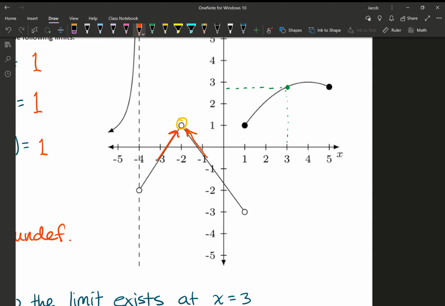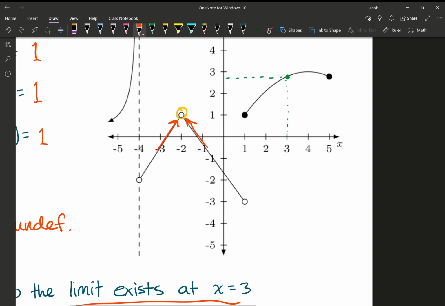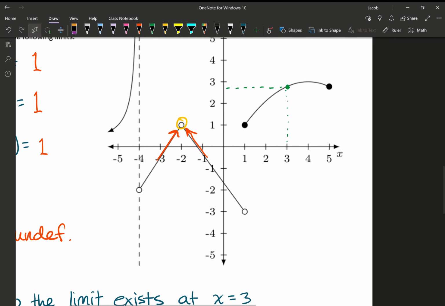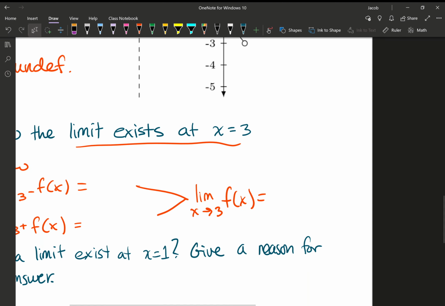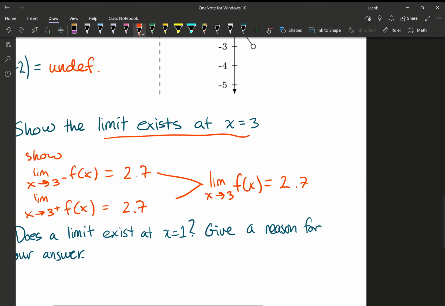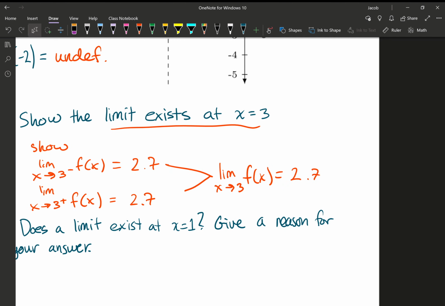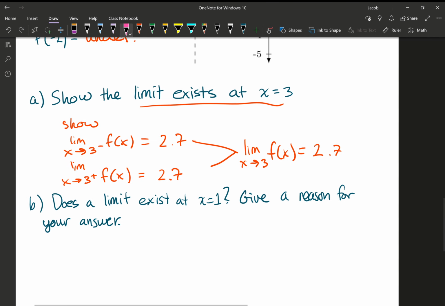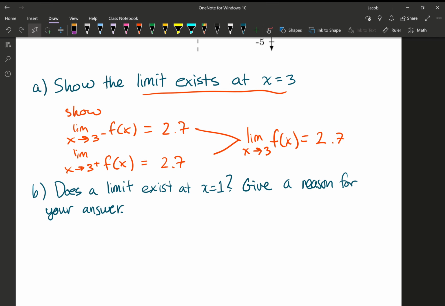We'll talk more about what continuity and discontinuity mean, but we know that there's no breaks, there's no holes, there's nothing like that. So we're going to call that about 2.7. So that means the limit exists at 2.7. So because the left and right sides are equal, then the limit exists as we approach 3.